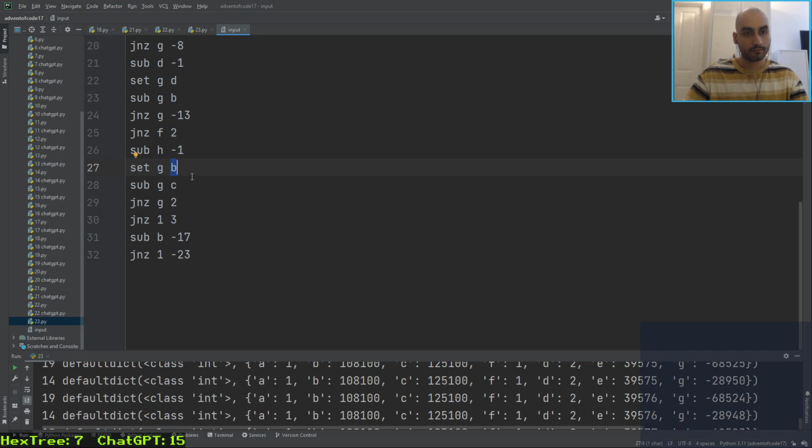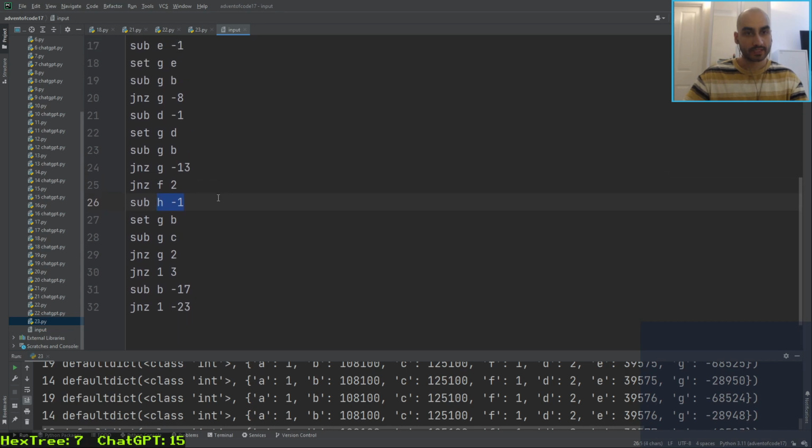So actually b was equal to c. Alright, so basically counting, and h was subtracted. So h is basically counting the number of times b is equal to c.